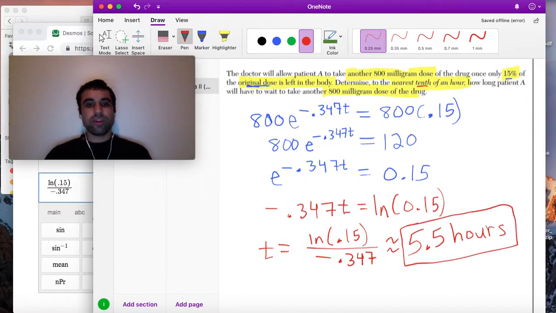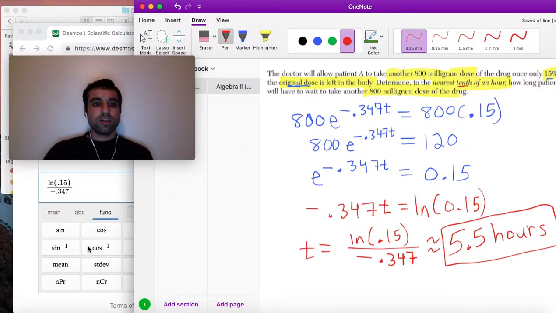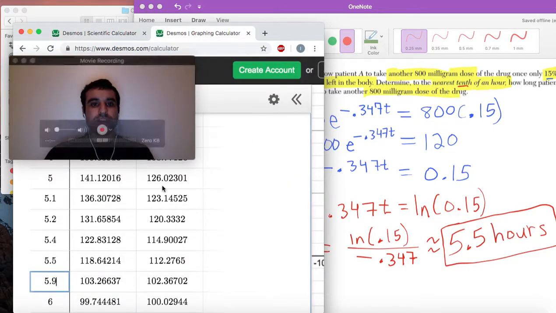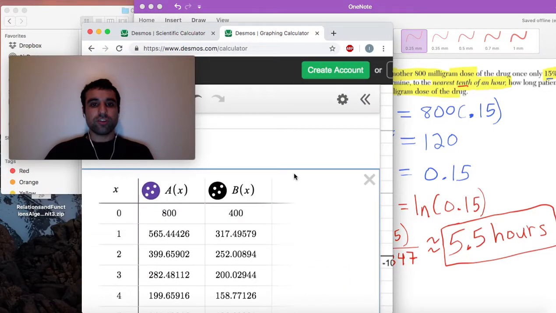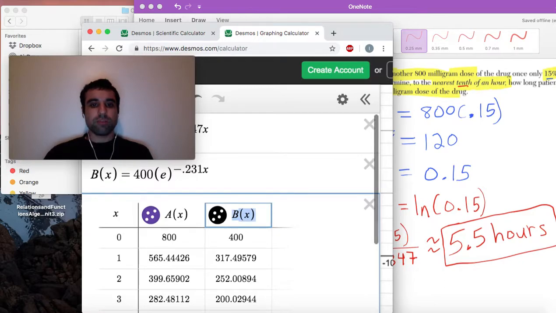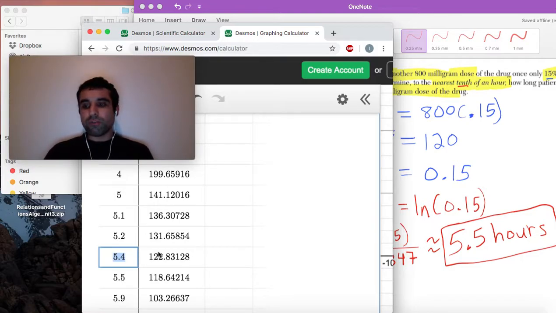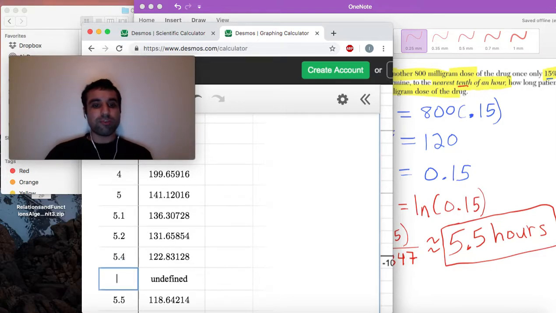And a quick way to make sure we got the correct answer, guys, we got 5.467. I'm going to copy this and put it in here. And we're only talking about function a, right? So I'm not going to worry about b of x. Remember, it's decaying. And we got 5.4 there, 5.5. You could see between 5.4 and 5.5, we get to 120.